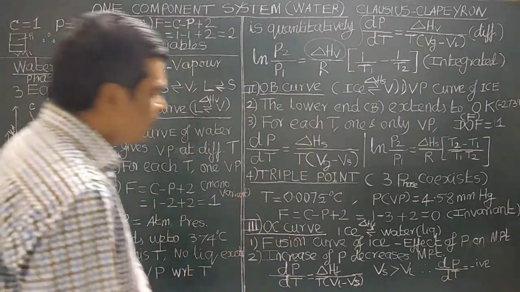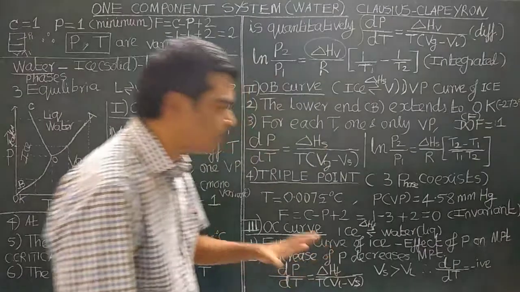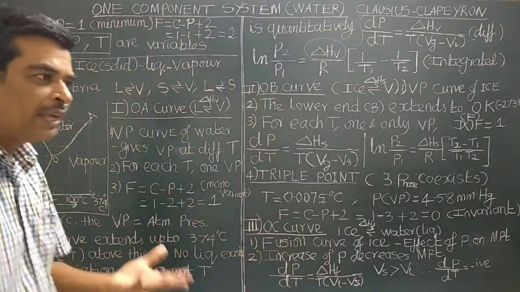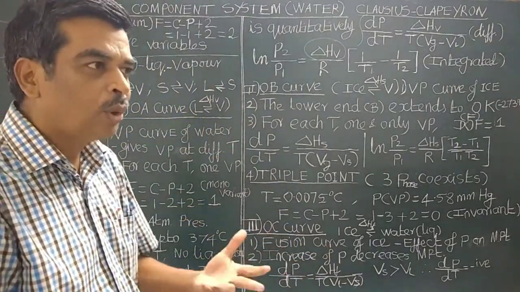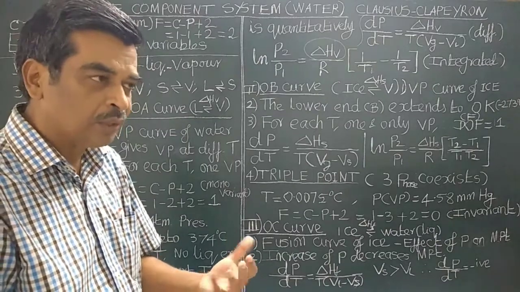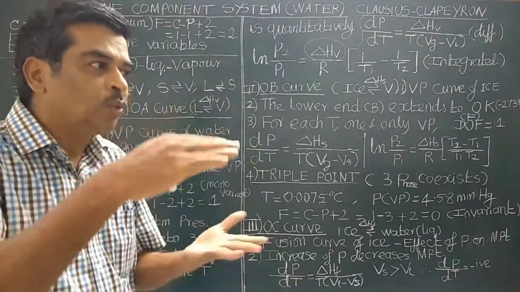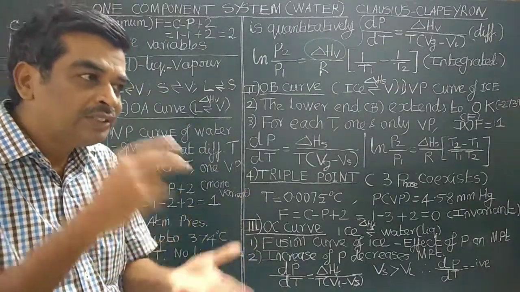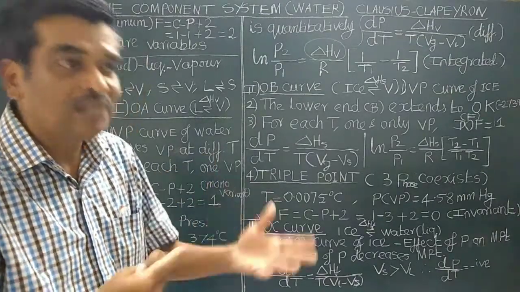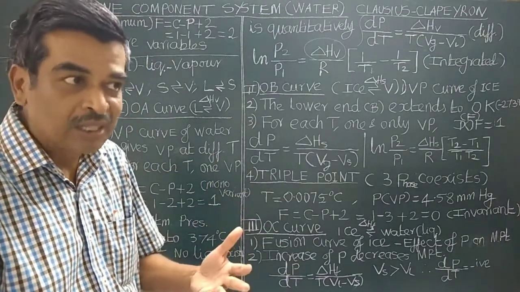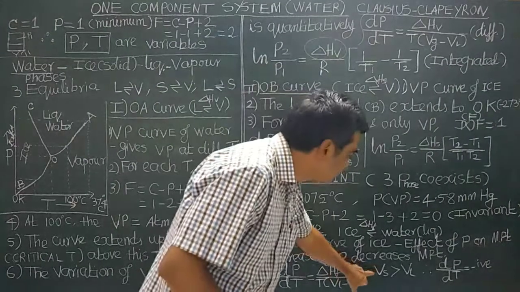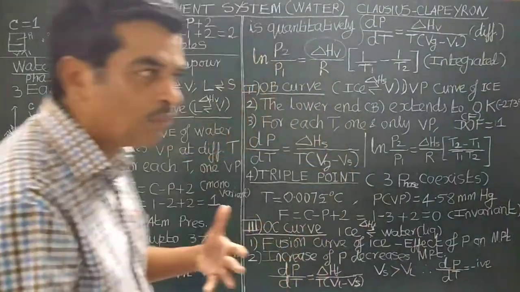If you put ice into water, will it float or will it go down? The ice will float. Why will ice float? Because the density of ice is less than water. That means the volume of ice is greater than the volume of liquid.